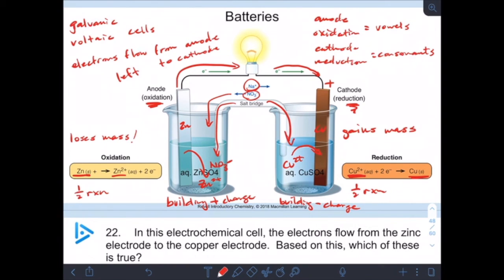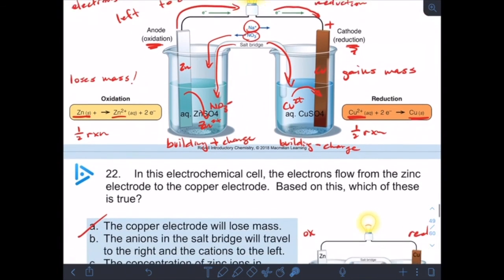On the left, if my zinc is becoming zinc 2+, I've got more pluses in there, so to keep the balance, I need to add more minuses. That's where the negatively charged nitrate ion comes in. On the right, as my copper 2+ is going away, becoming copper solid, I'm getting more negative charge, so I need to add more positive with the sodium plus ions.